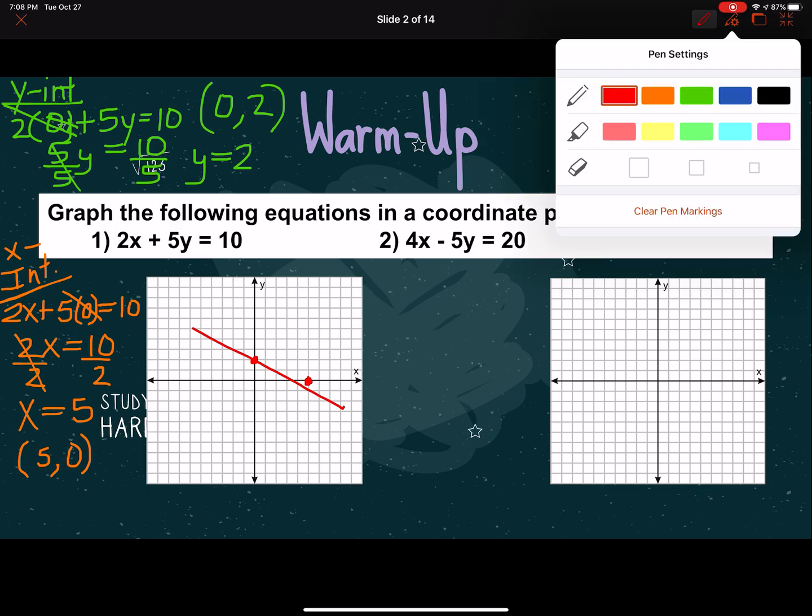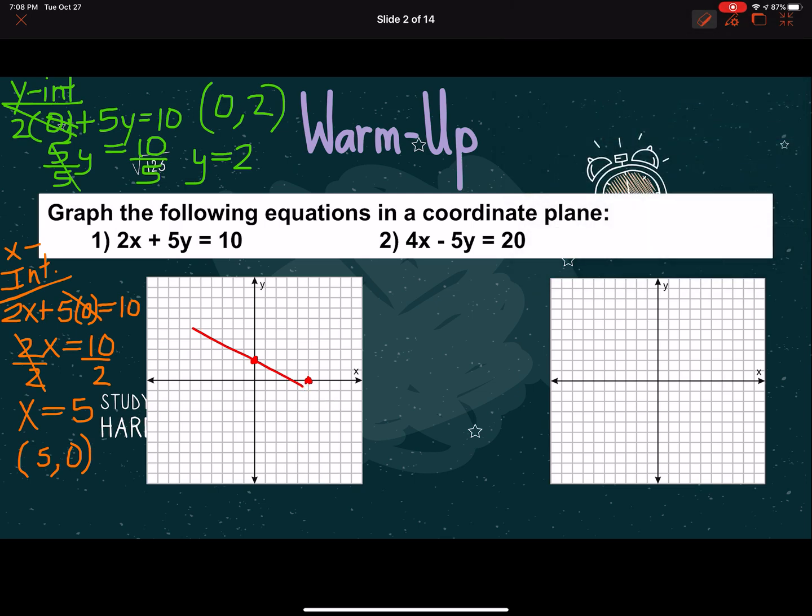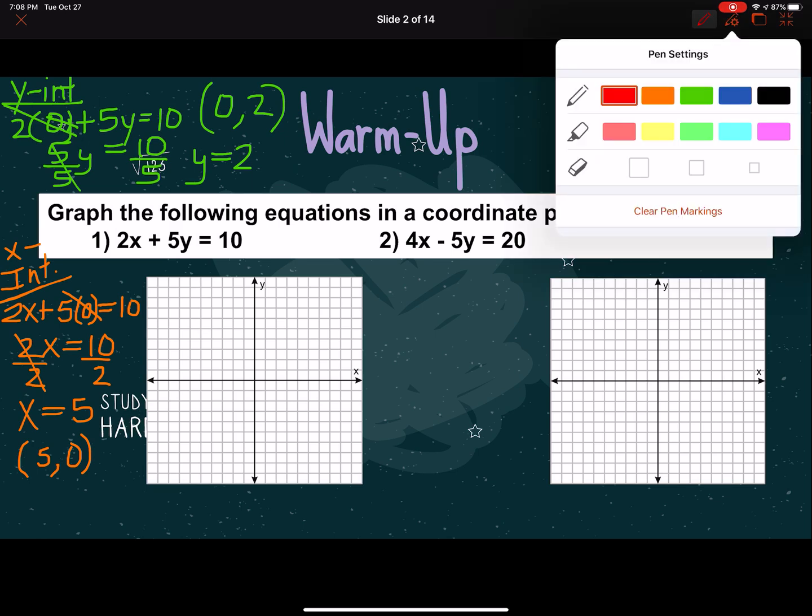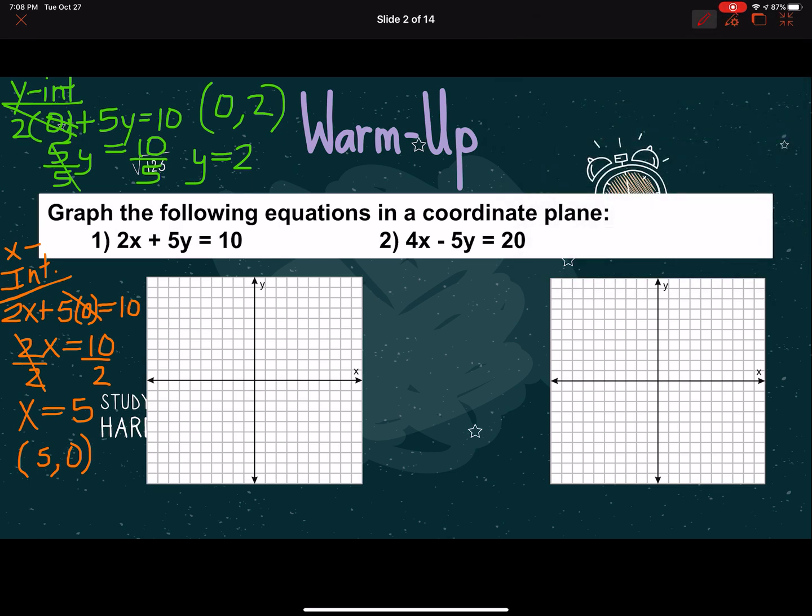Not so straight a line there. Sorry. I think I can do a little bit better than that. So let's put a point at 5. Another point at 2. And this time, I'm going to attempt to make a better line. So that one looks a little better.